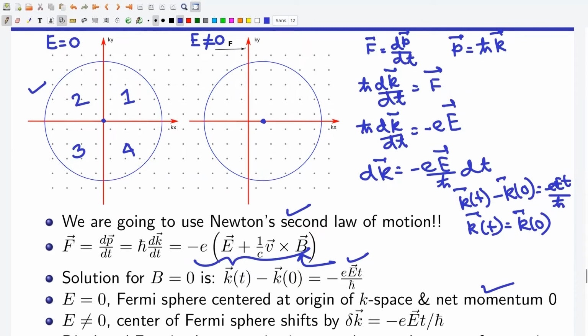So if you look at this diagram now, the Fermi sphere has shifted from the origin. If you sum over all the k points, it will not give you 0, but there will be some net momentum along this kx.